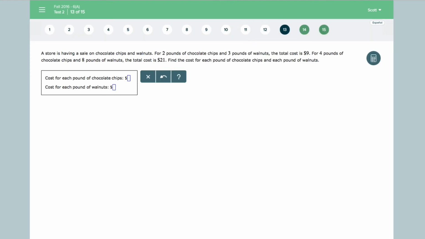Number 13, story problem. All you do is just write it as you read it. A store is having a sale for 2 pounds of chocolate chip cookies and 3 pounds of walnuts equal total cost of $9. 4 pounds of chocolate chips and 8 pounds of walnuts equal $21.